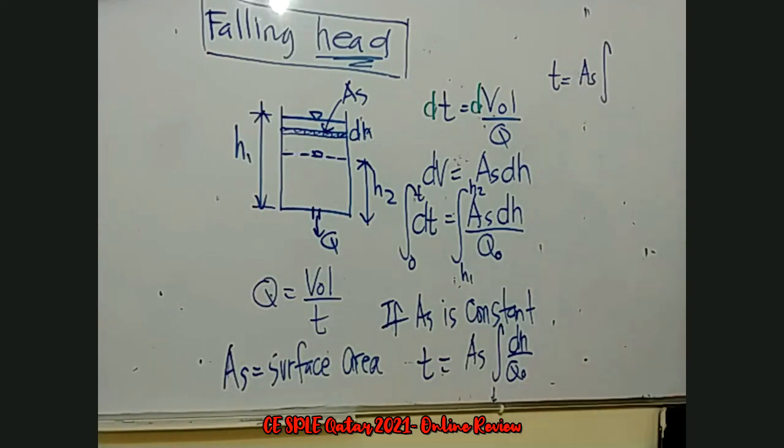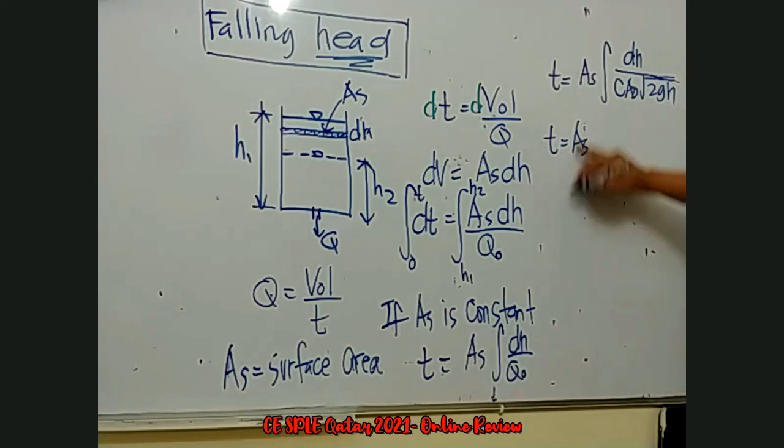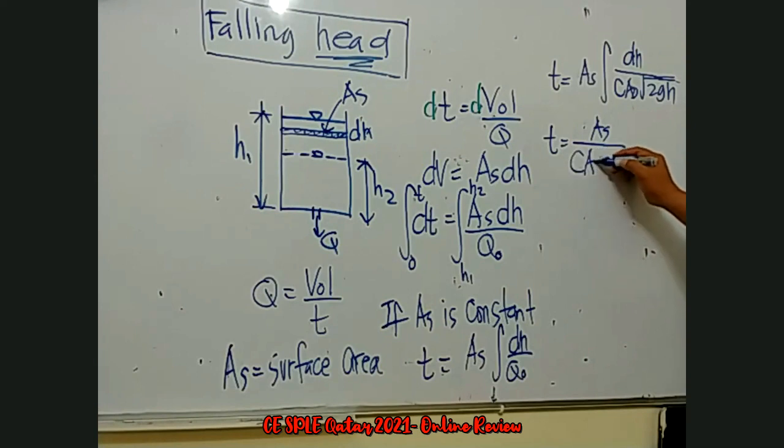Di ba ito is Cd Ao square root of 2g. Ito is dx. Cd Ao square root of 2g, square root of 2gx. So pwede ito time t equals AS. Then pwede kong ilabas yung AS. AS over Cd Ao square root of 2g. Tanggalin ko yung x itaas sa taas. Magiging ito. H2 negative 1/2.